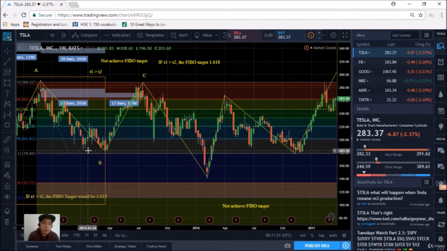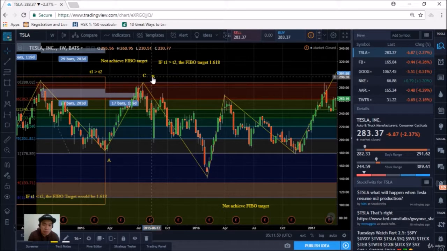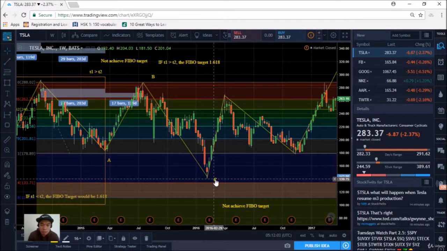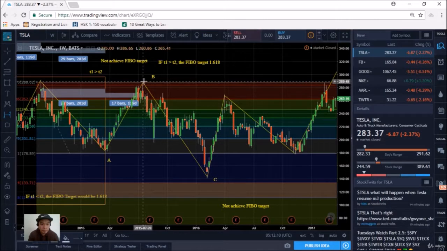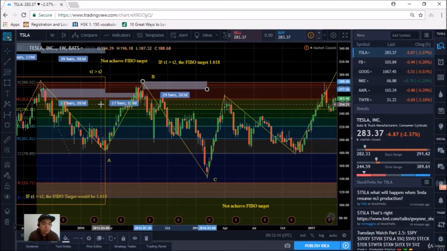Now what you can do is change this. If you want to use Fibonacci as your analysis, you have to change this A, B, C, and we are now trying to measure our target up.